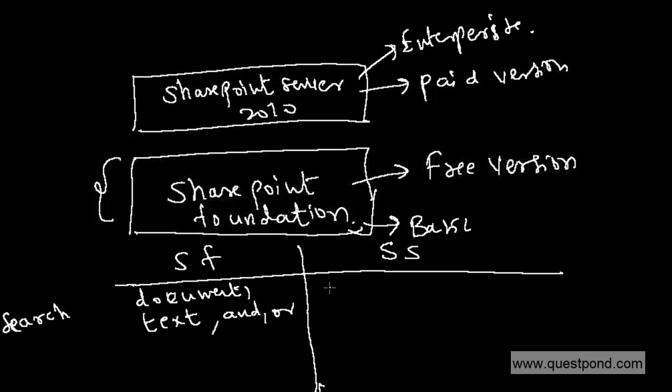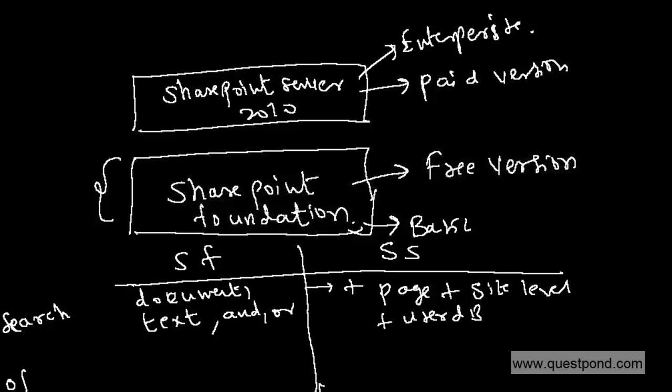But in SharePoint Server, you can definitely do all these things, and in addition to that, you can search within a page, do a site-level search throughout the site, or search only in the user database. So in Foundation the search requirement is very basic, whereas in SharePoint Server, search is more advanced and has more features, on the page level, on the site level, or on the user database.